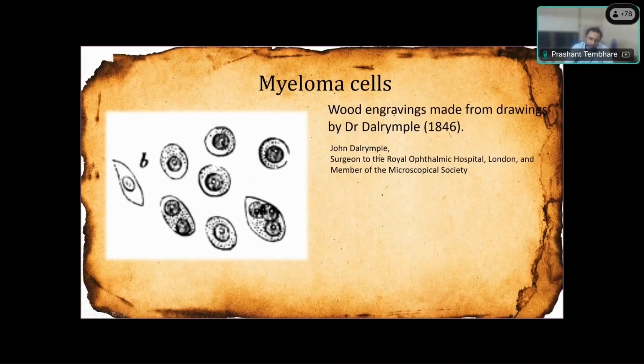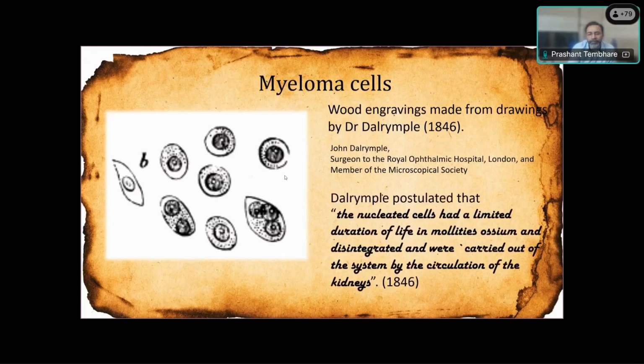The pronunciation is Dalrymple, but we call him Dalrim. He was a surgeon who looked at the microscopy and made wood engravings showing these plasma cells, even multinucleated plasma cells, and this was the first documentation of how plasma cells are seen under the microscope.